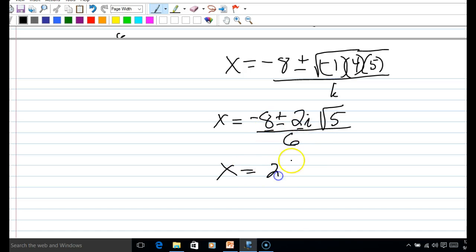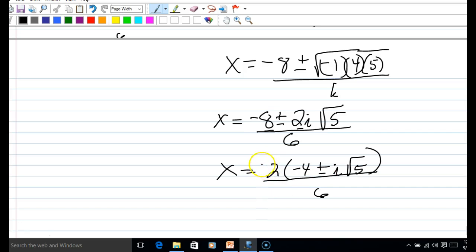So that's 2 times the quantity negative 4 plus or minus i times the square root of 5 all over 6. 2 times negative 4 is negative 8. 2 times plus or minus i times the square root of 5 is 2i times the square root of 5.